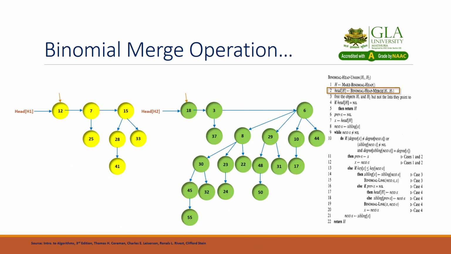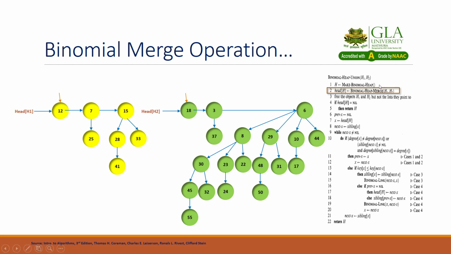After this, we have two binomial heaps and we have to combine them. What operation are we going to perform? We are going to perform the binomial heap union of H1 and H2 heaps. We have to combine these two binomial heaps into a heap H, and we have to ensure whether this combined heap follows the property of the binomial heap or not.